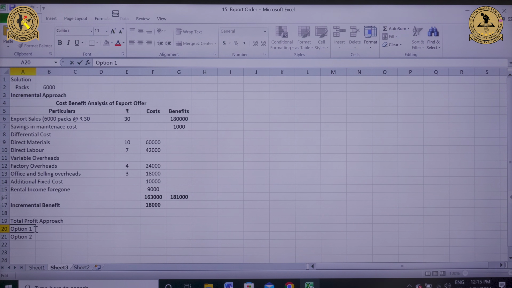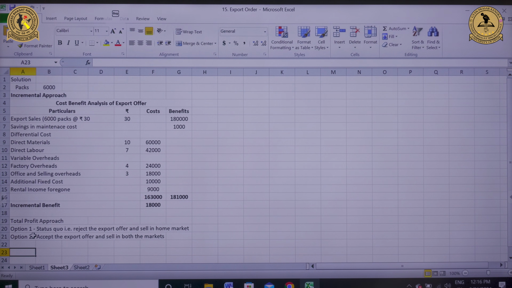Option 1 is status quo, that is, reject the export offer and sell in home market. Next is option 2, accept the export offer and sell in both the markets.